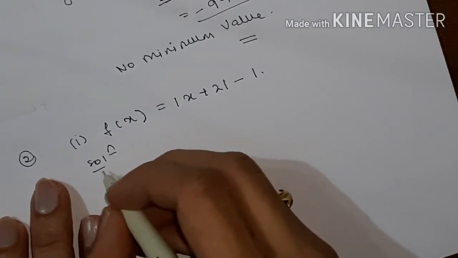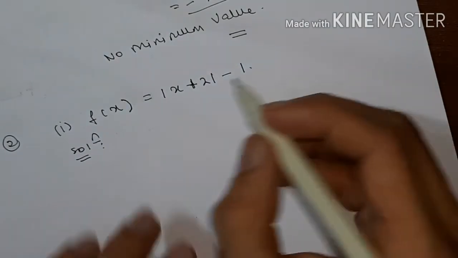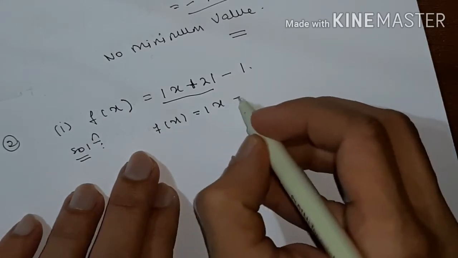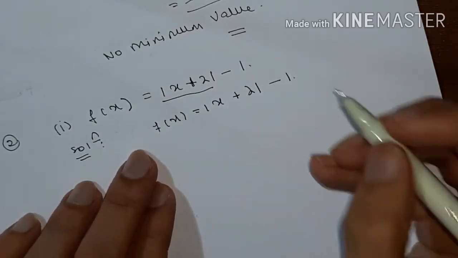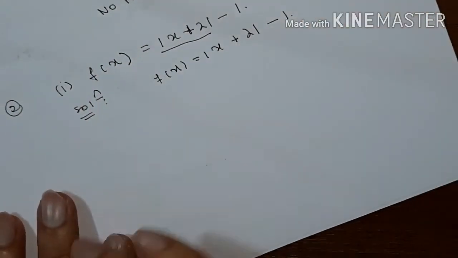So now this function is modulus of x plus 2 minus 1. What we will do here is plot the graph and see.